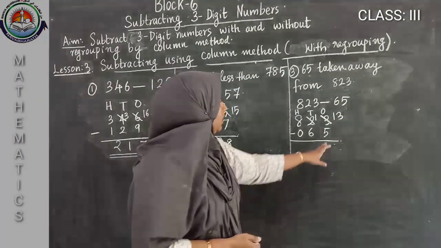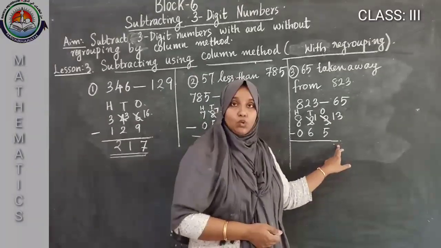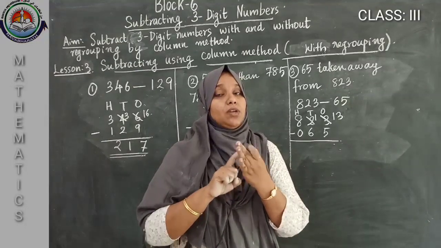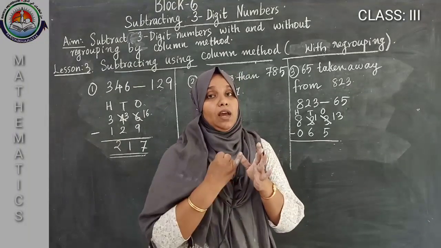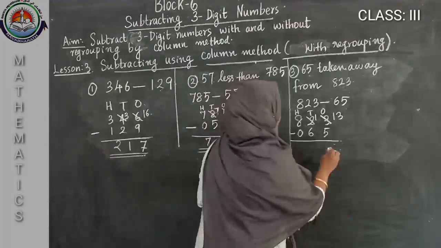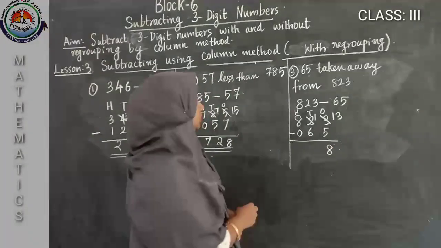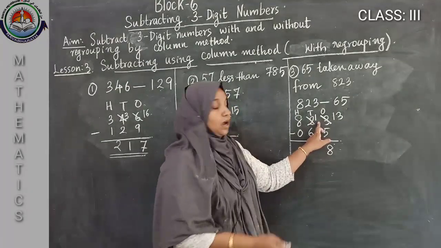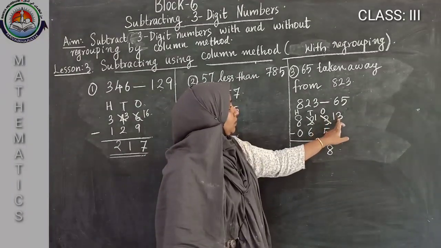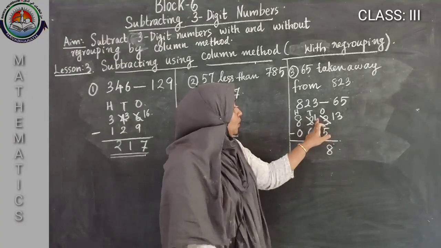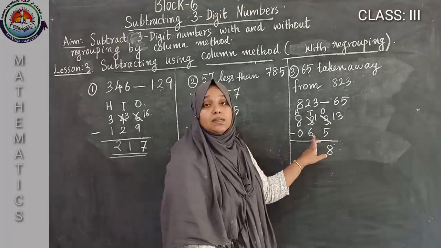Right. Then 13 minus 5 we can do. After 5, 6, 7, 8, 9, 10, 11, 12, 13. So what is the number? It is 8. Then here is 1. After borrowing 1 ten from here, this 2 changed into 1. So we can't do 1 minus 6.